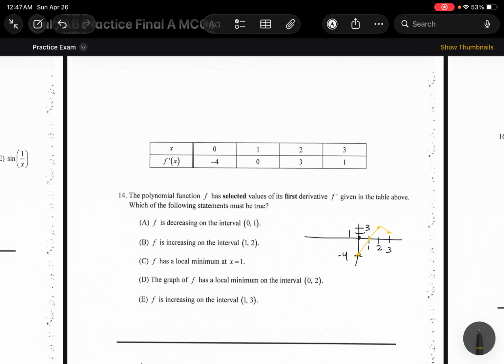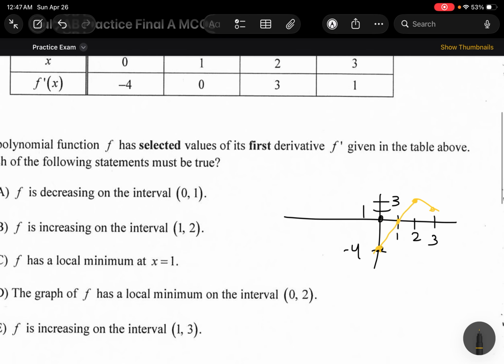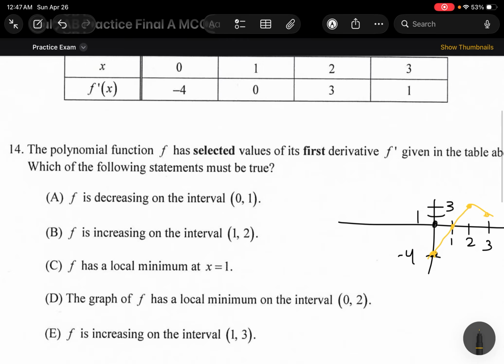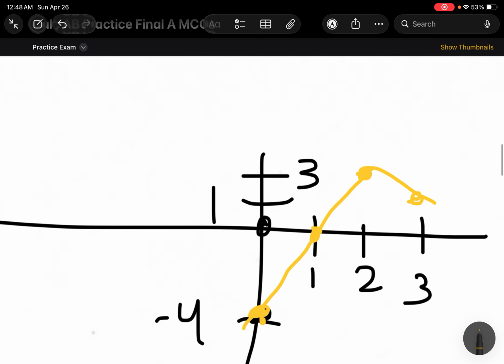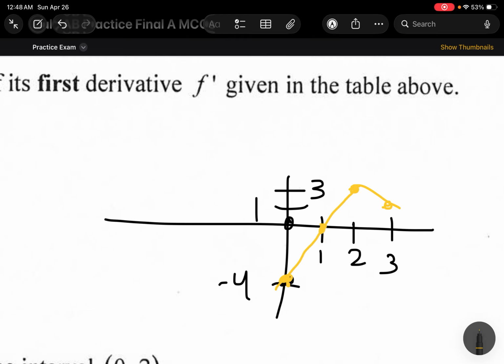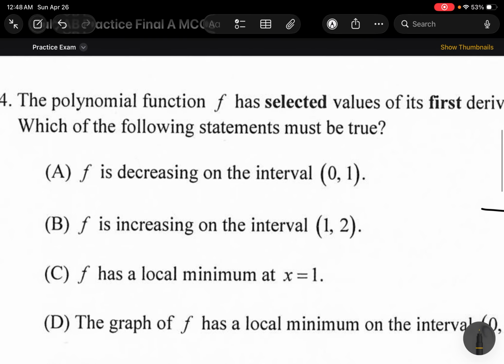So since we have this little graph here, we can check which possibilities are correct. Is f decreasing on the interval from 0 to 1? It is, but let's check the other options first.